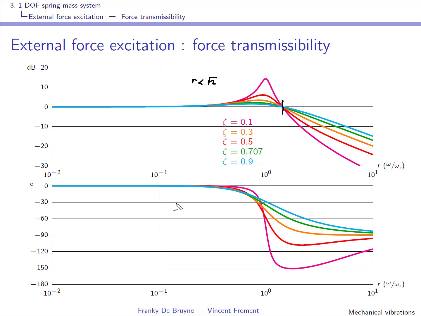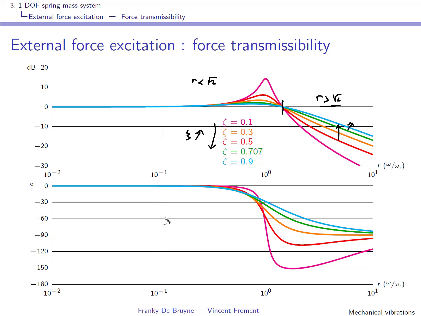So the force that is transmitted to the support is higher than the force that is actually being applied externally, and for r bigger than square root of 2, you see that the force transmissibility goes down. You also see that for increasing zeta, the force transmissibility is also going up.